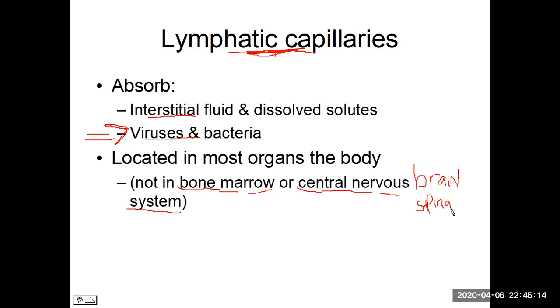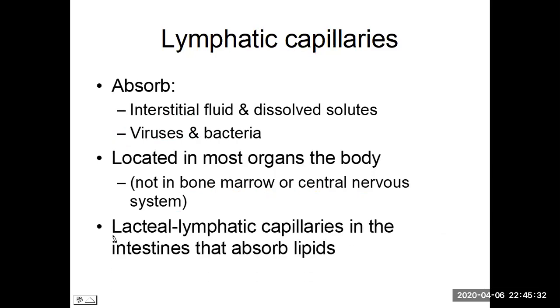And we'll see in Unit 5 that the central nervous system has its own distinct type of circulation. So two areas that lack lymphatic capillaries, and a specialized type of lymphatic capillary called the lacteal.